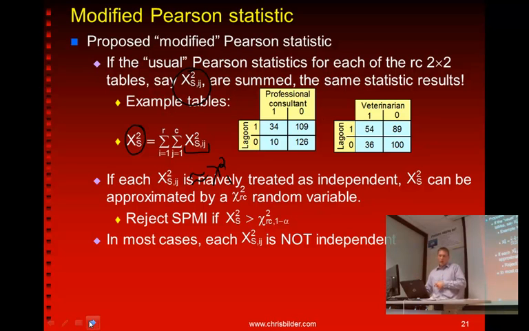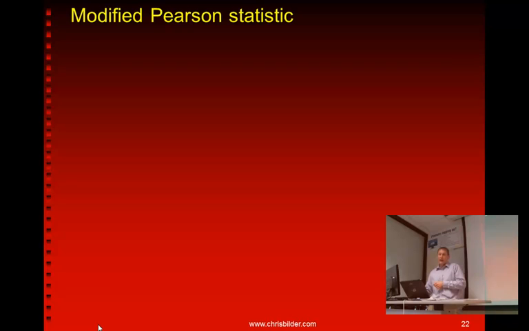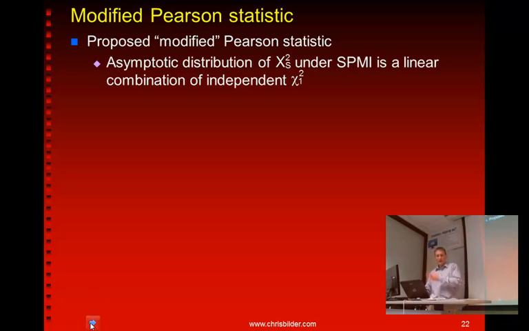But what one can do is actually derive an asymptotic distribution for the statistic. We're not going to get into it in too much detail because it's just not worthwhile spending our time on it. But I just want to briefly mention it and relate this to some other stuff that you've had in another class. The asymptotic distribution of x squared s is a linear combination of independent chi-square 1s.